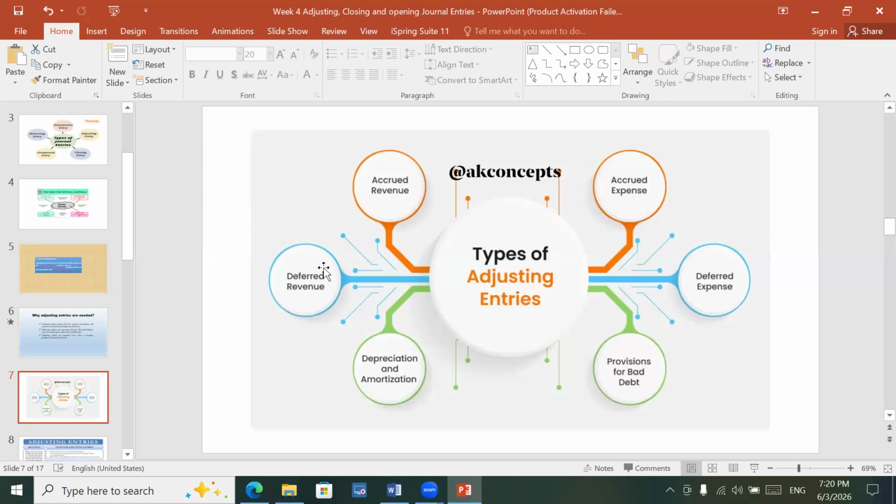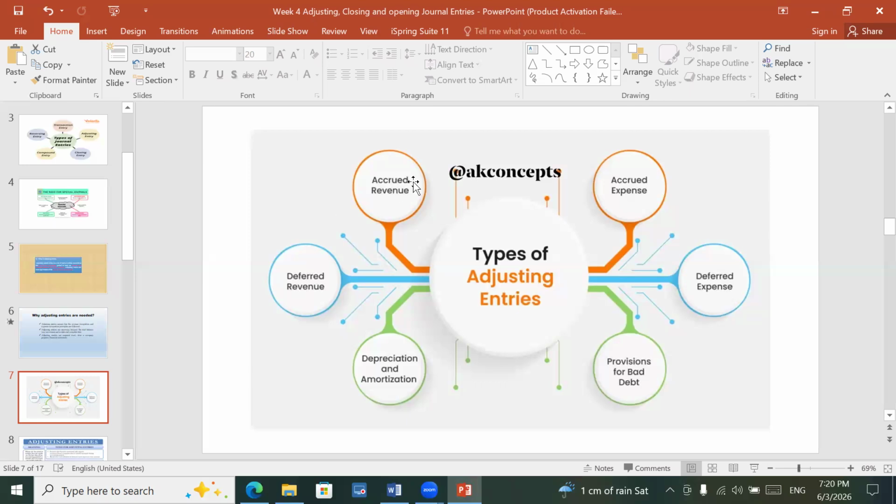If expense is deferred, advance, or prepaid, it will be an asset. And again, if income is deferred, advance, or prepaid, it will be liabilities. Very clearly, you have to try to understand. So accrued and deferred.